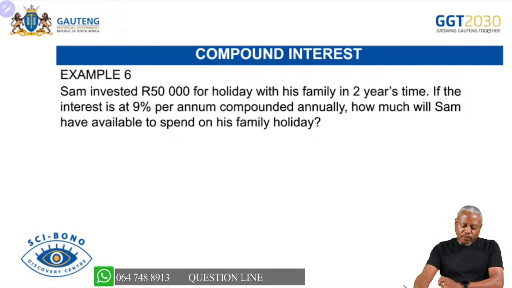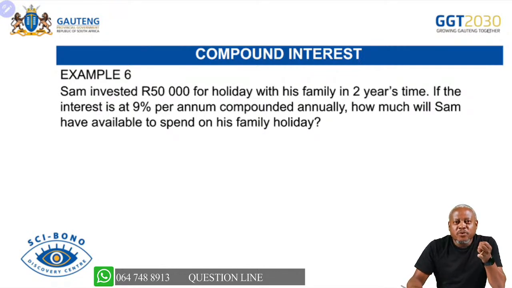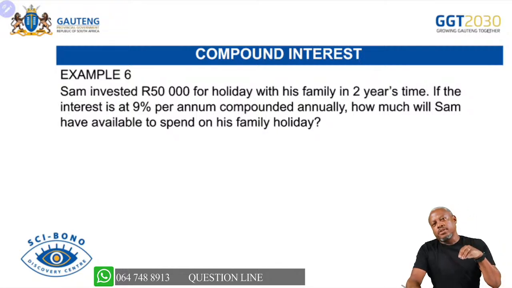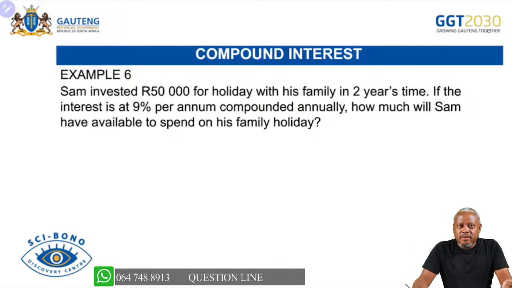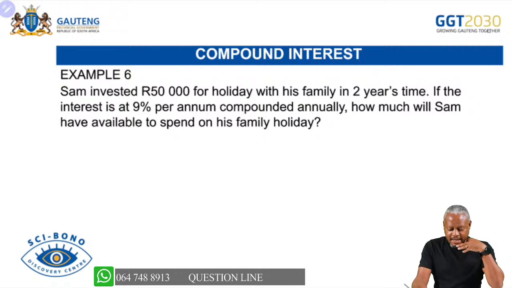Now, ladies and gents, I'm going to give you 2 minutes to solve this problem. Please WhatsApp the name of your school, and then WhatsApp the solution here. Firstly, before you WhatsApp the solution, please identify the variables. Tell me how much is P, how much is I, how much is N. Let me repeat the question.